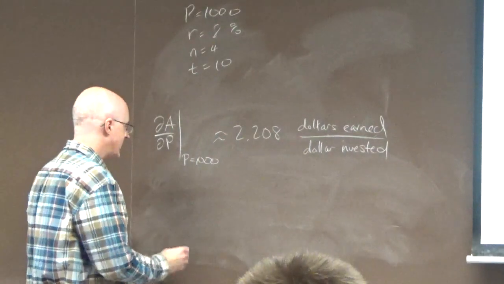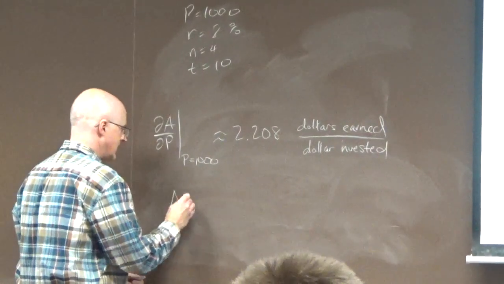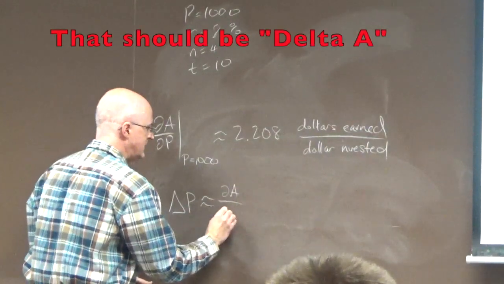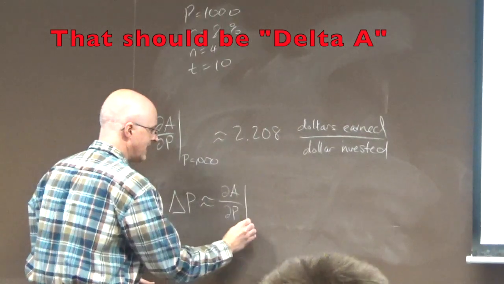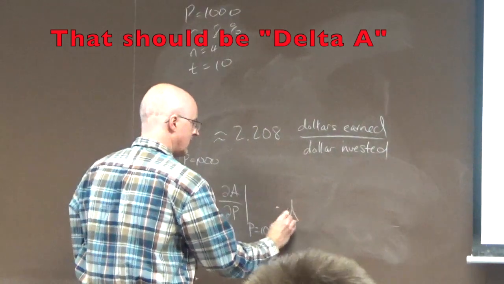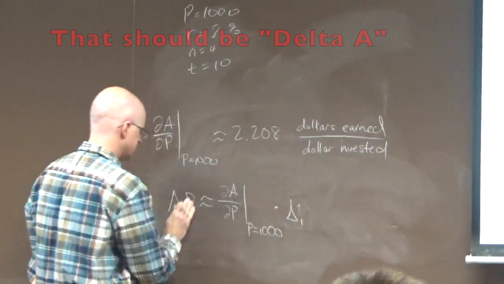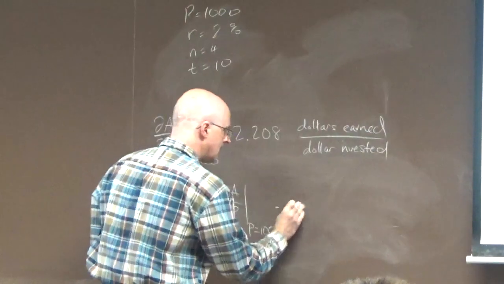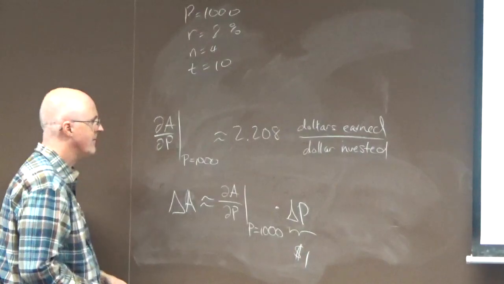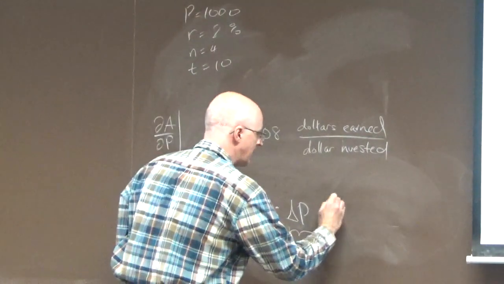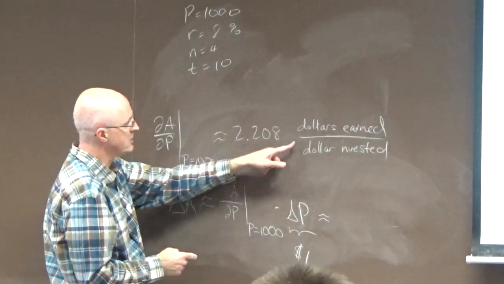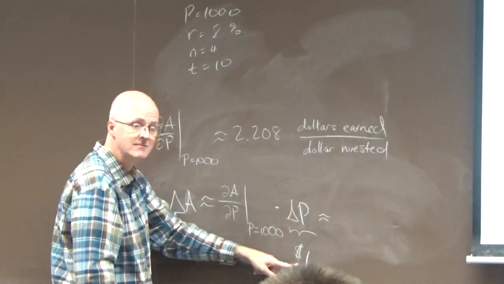So what does that mean? That would mean, for example, if you increased your investment by $1, if delta P was $1, you would expect your final amount to go up by $2.208 earned per dollar invested times $1 invested.